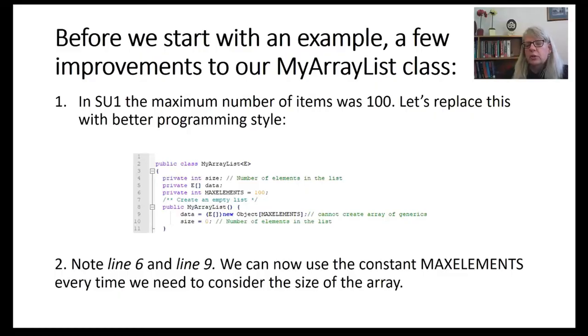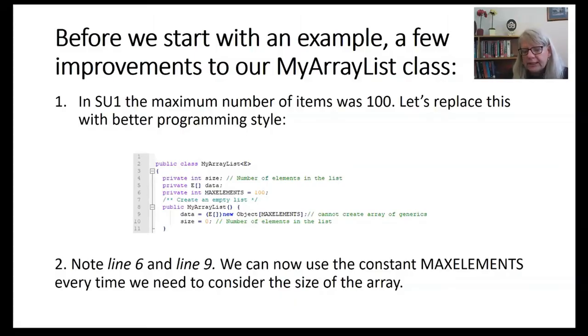Before we start, we are going to update our myArrayList class a little bit. You will remember that we said the array can only be 100 elements, and we hard-coded that. We had it in brackets when we created the object array. Have a look at this code. This is a little bit of a more elegant solution to that problem.